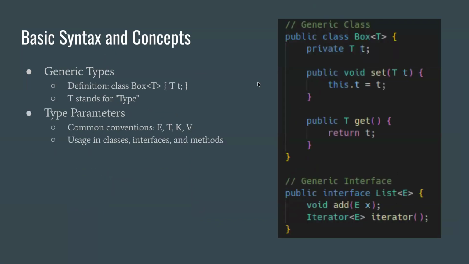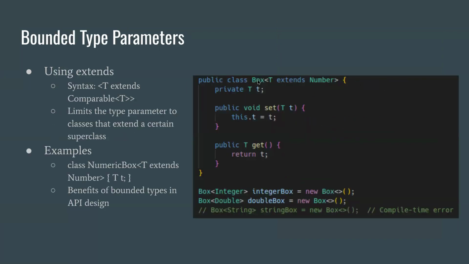Unlike the Box class from the previous slide, we have not just T, but T extends Number. And this means that the type parameter T can only be replaced with Number or its subclasses. This is especially useful when you need to invoke methods defined in a particular class or interface on those type parameters.